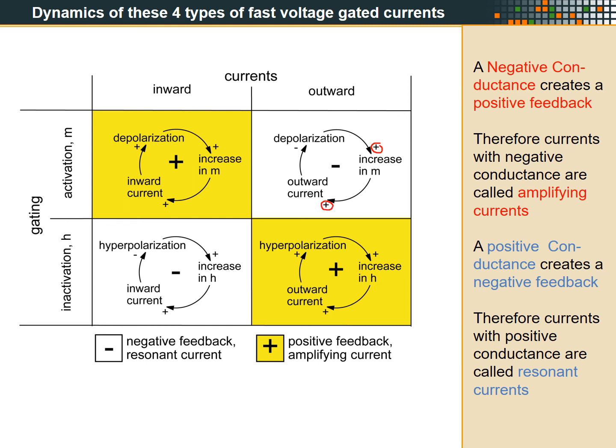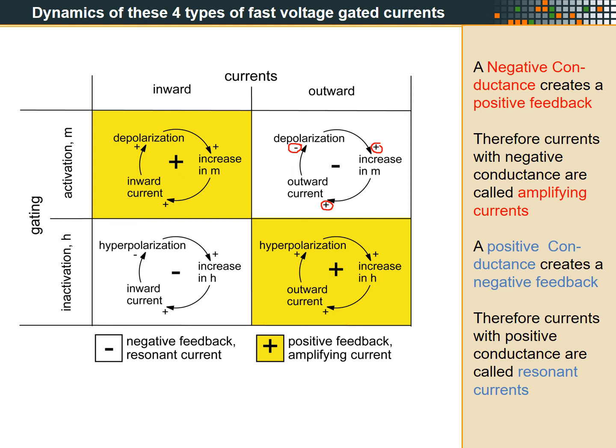Still, just concerned with the gating variable. But the effect of the increased current is different. Since it's an outward current, we are causing the system to have a less strong depolarization. That means we have a negative feedback loop. That means depolarization with an outward current is leading to less depolarization.